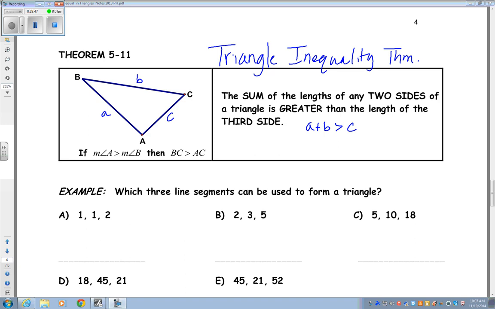So I could also say b plus c would have to be greater than a. And then I would also have to check that a plus c is greater than b. It has to work for all three. All three must be true for you to have a triangle.